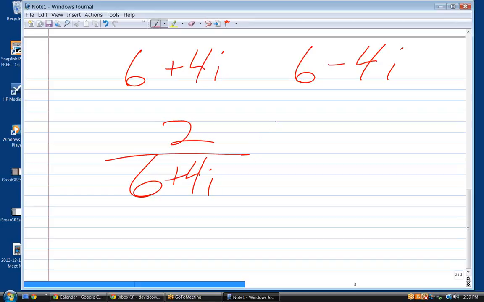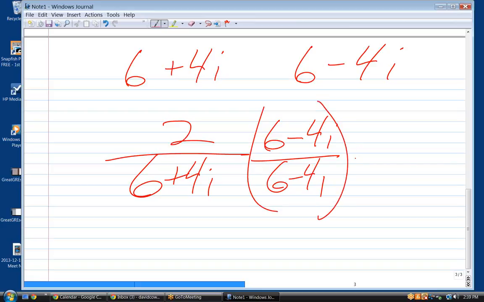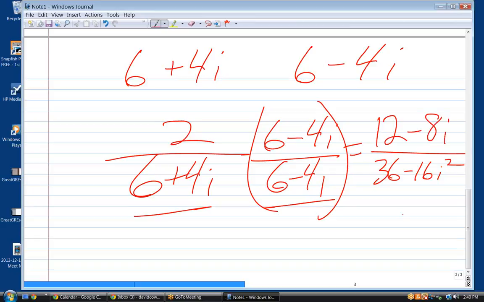Well, we have the same problem with imaginary numbers. We never want to give an answer that has an imaginary number in the denominator. To get rid of it, you can multiply any fraction by the number 1 without changing it. In this case, my 1 is going to be the conjugate over the conjugate. What that does is it gets the I out of the denominator. If I FOIL that times that, I get 36 minus 16i squared in the denominator. In the numerator, I get 12 minus 8i.